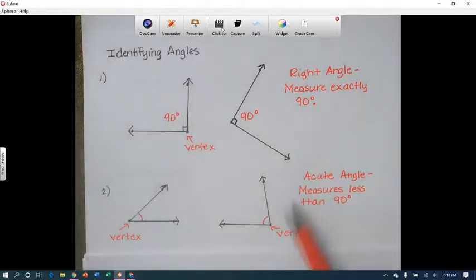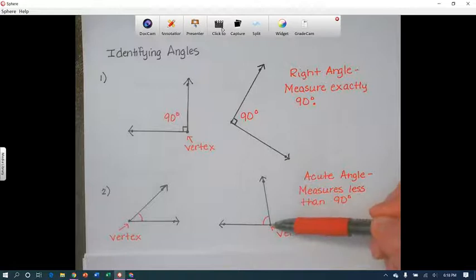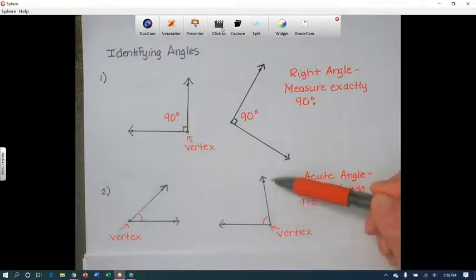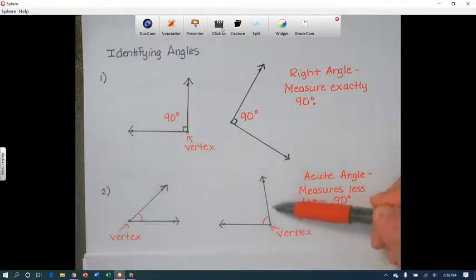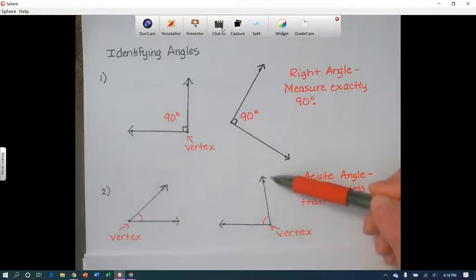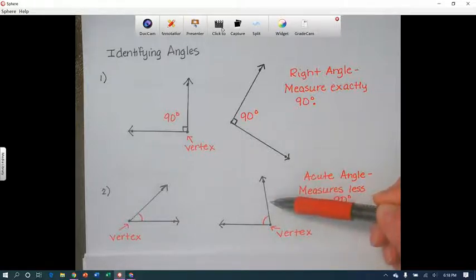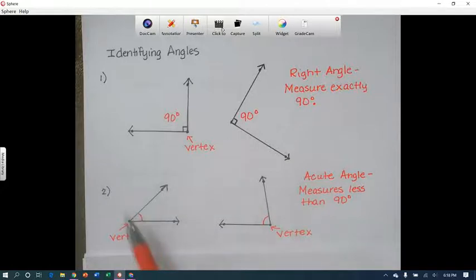So this one's pretty close to 90 degrees. A 90-degree angle would look something like this. So I would probably imagine that this might be 80 or 85 degrees. And this one over here looks to be about half of the 90-degree angle, so I would say this is between 40 and 50 degrees. But in order to know for sure, we would have to measure them with a protractor. So those are acute angles.